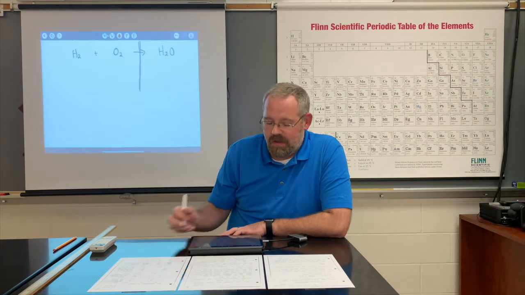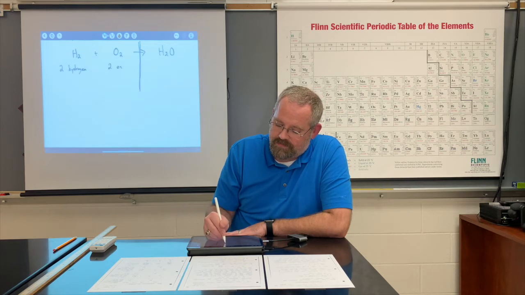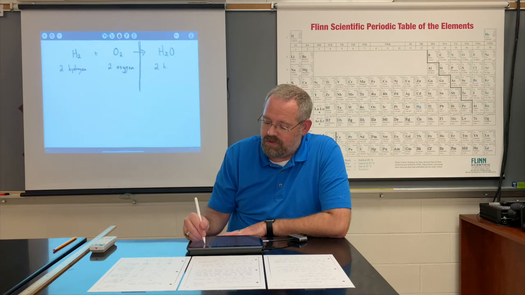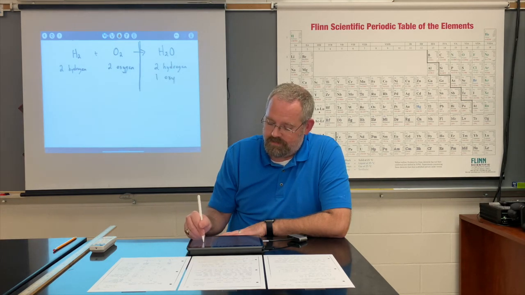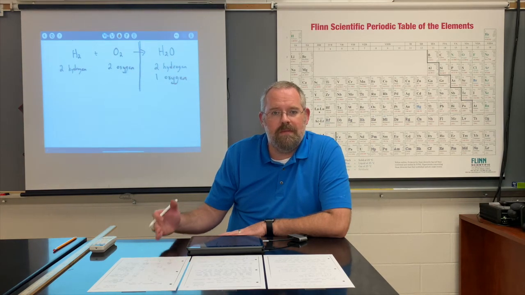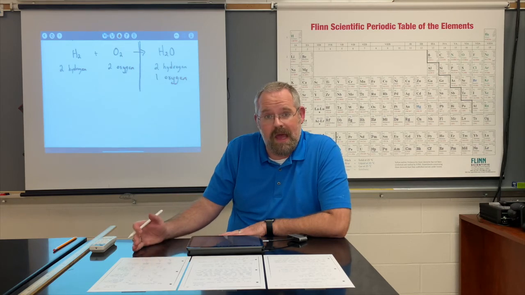On our left side, we have 2 hydrogen and 2 oxygen. On our right side, we have 2 hydrogen and 1 oxygen. And what we want to do is make both sides of the equation equal by adding atoms.